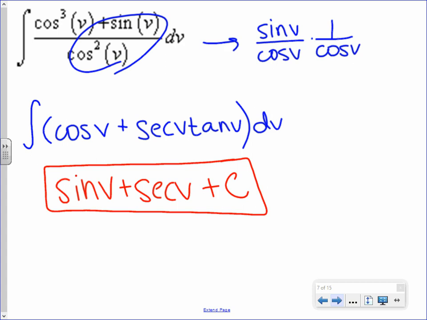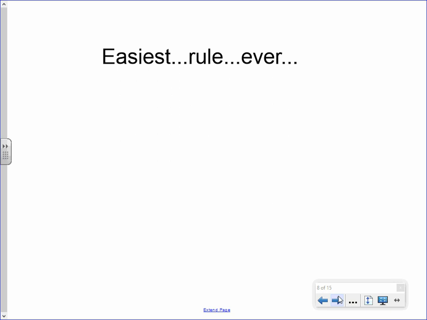Two more rules, two more basic rules. I will remind you. What is the easiest rule ever in differentiation? What's the easiest derivative rule that we have? Power rule. I would argue that there's one even more simple.